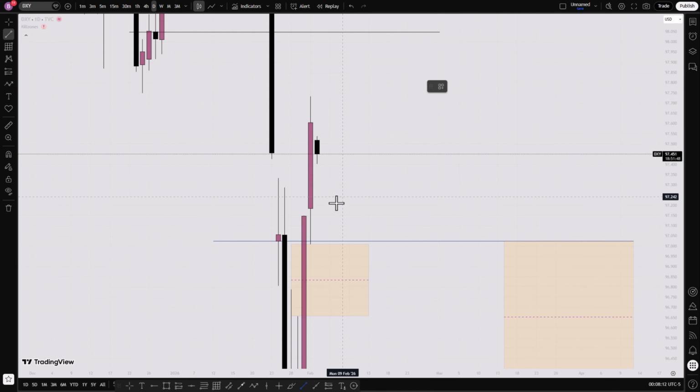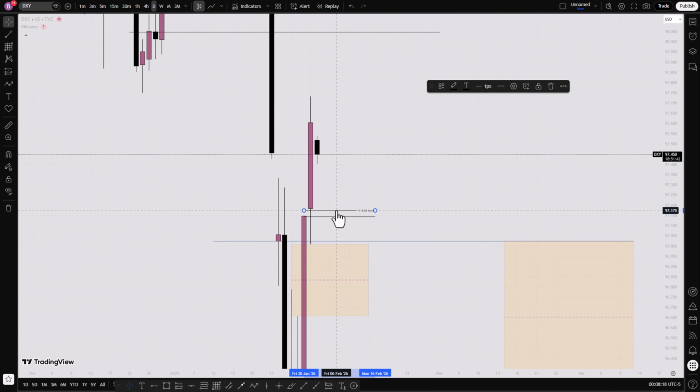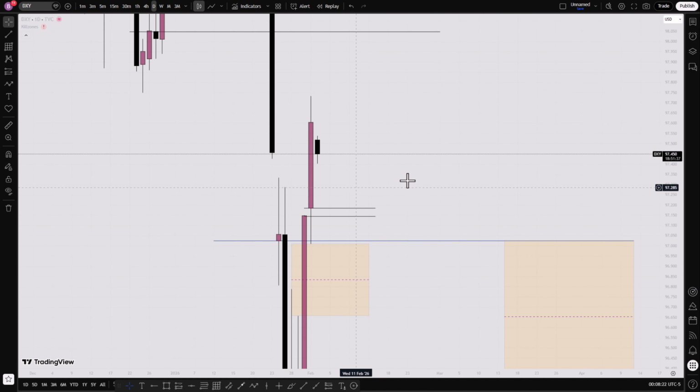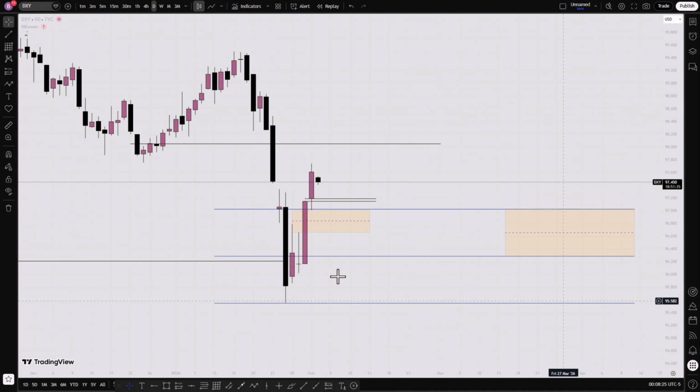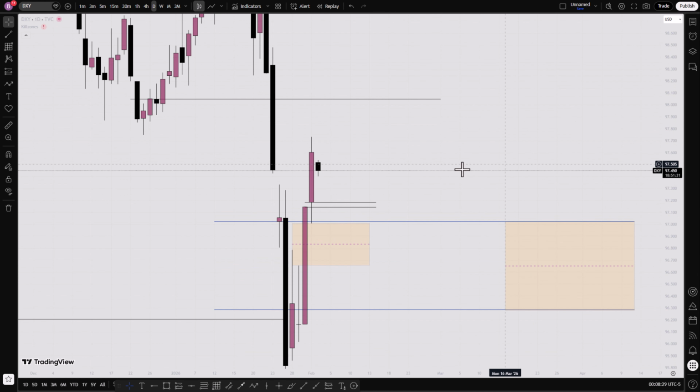So here I am looking at price coming to this point, and also we have a volume imbalance here. This is a volume imbalance. This is a volume imbalance also. The price can come into it, but since we have this candle here, this is Monday's candle, and Monday's candle has proven to be very strongly bullish, because we have a small wick and large body.